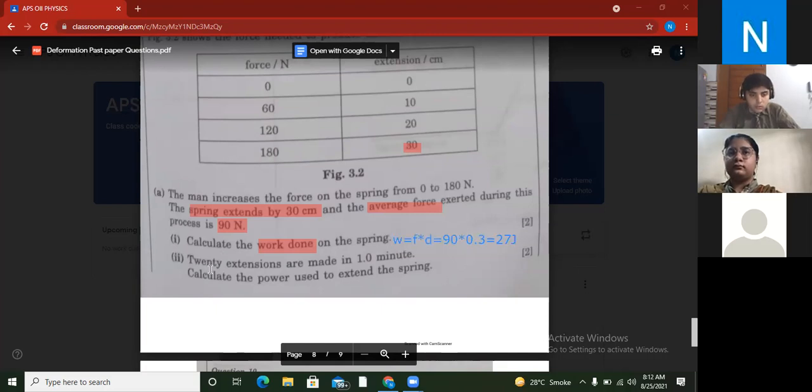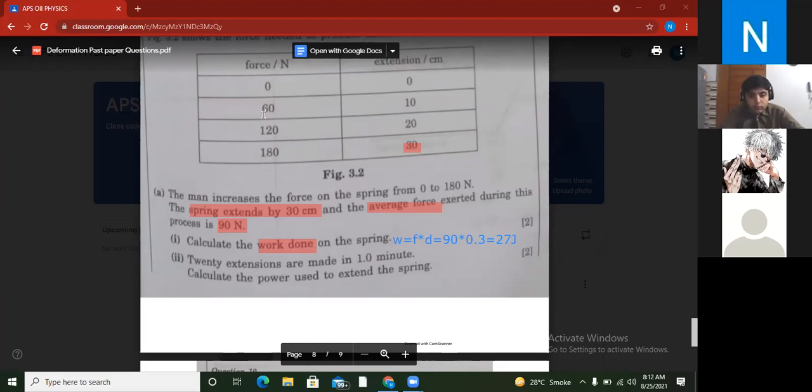Okay. What they are asking in part number 2: 20 extensions are made in 1 minute. So in a total 1 minute time interval, they have made 20 extensions, right? They will expand the device 20 times in 1 minute. So they are asking you to calculate the power used to extend the spring.